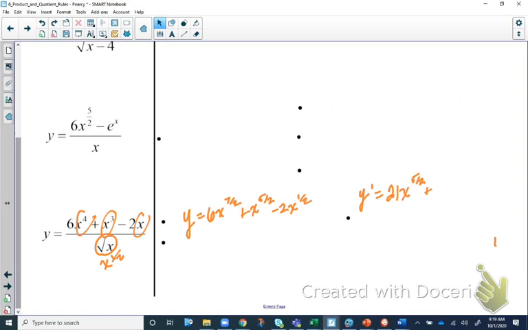The next one would just be a 5/2 x to the 3/2 power, and then a negative 1x, negative 1, but that'll be x to the negative 1/2 power, so that'll put it down in the denominator to make it a positive exponent. And there is the derivative on the last one.